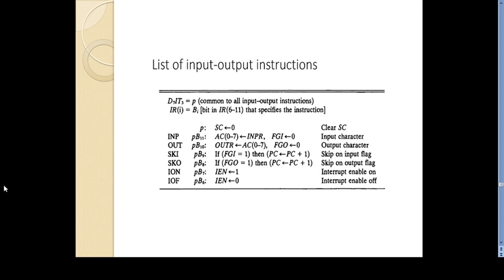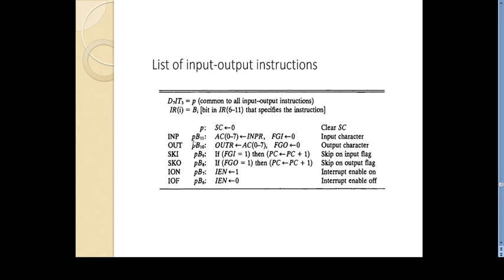You can see the control functions and micro operations in this table. Each control function needs a Boolean relation D7 I T3, that is equal to P, which is designated for convenience. The control function is distinguished by one of the bits in IR by assigning the symbol Bi to bit i of IR, so the control function can be executed and decoded.